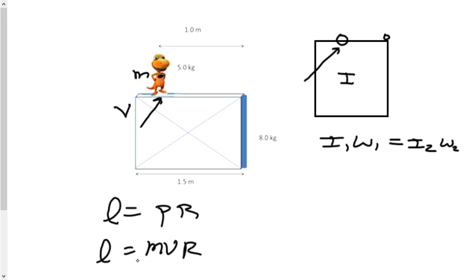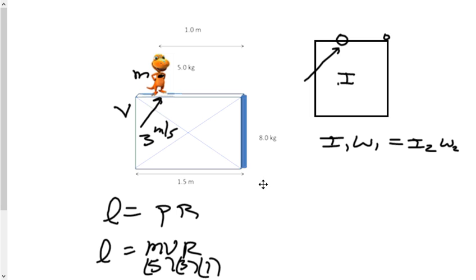In this case, he's got 5 kilograms, and let's say he comes in at 3 meters per second. So 5 times 3, and he happens to be 1 meter from the door's center of rotation, so 1. Initially, the door is not moving at all, so the I1 omega 1 is actually coming from this. So what would that be? 15 would be the number there.